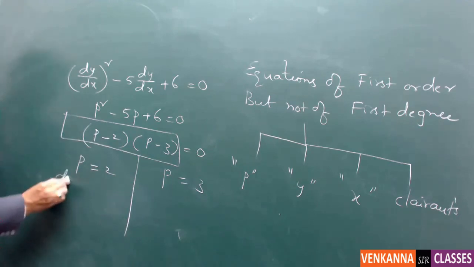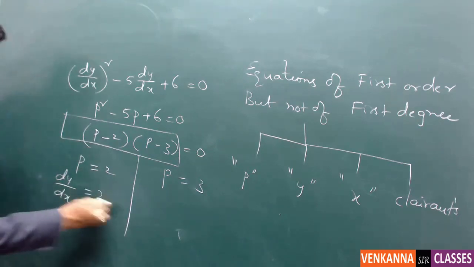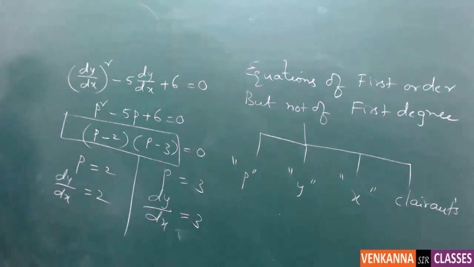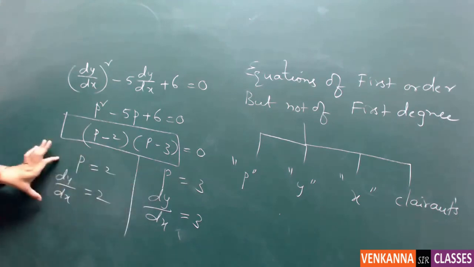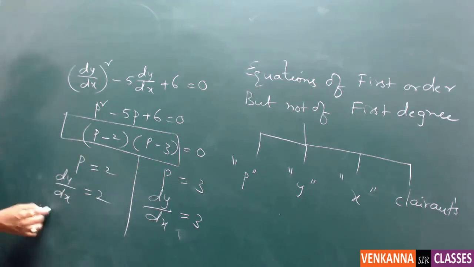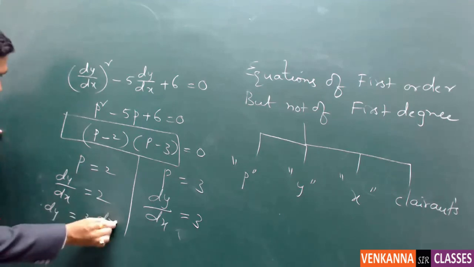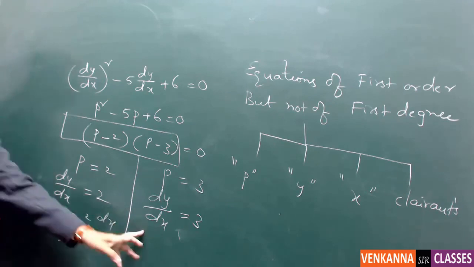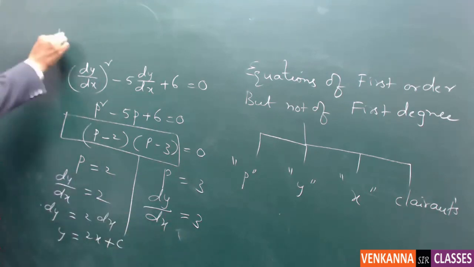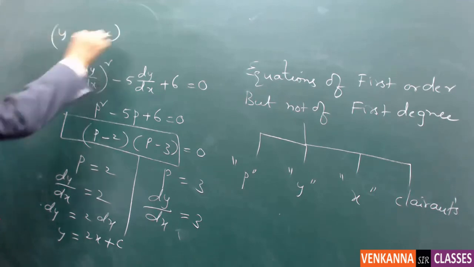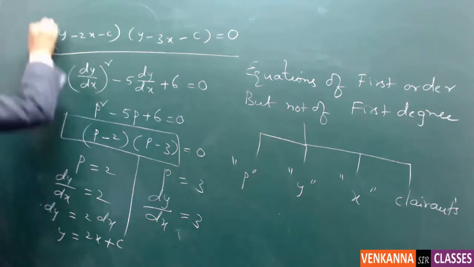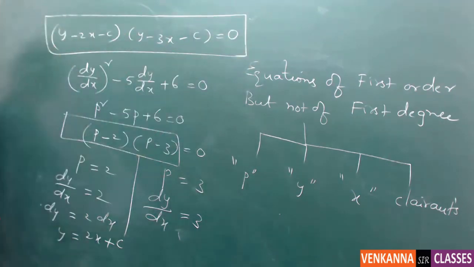Since p stands for dy by dx, dy by dx is equal to 2, dy by dx is equal to 3. So we solve each factor individually, so that dy is equal to 2 dx, so y is equal to 2x plus c. Here also we have y is equal to 3x plus c. The corresponding solution is, so this is the required general solution, right?